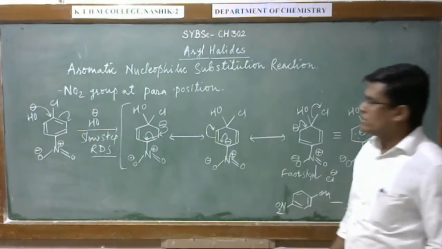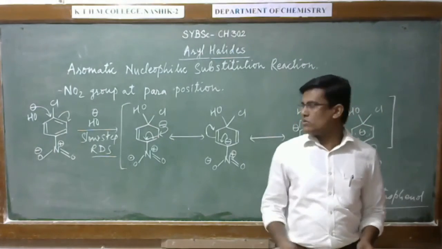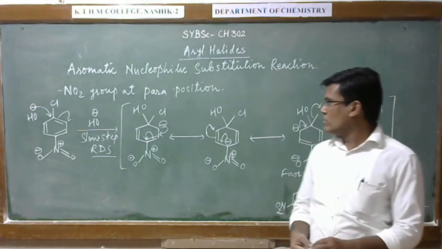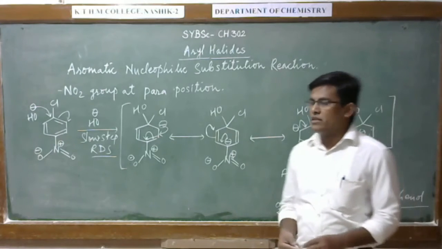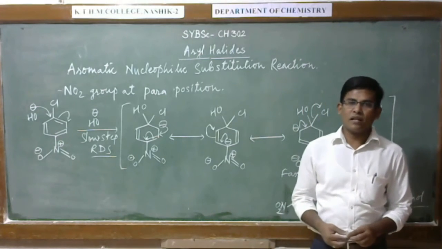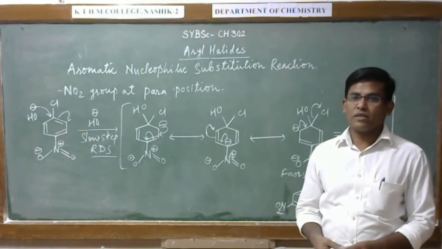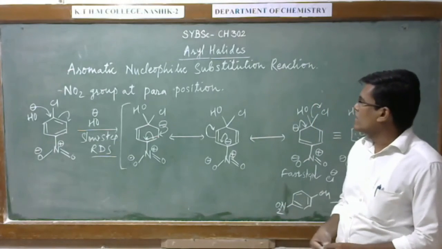Alright. So in this way we can show the effect of this electron withdrawing group, the nitro group. When this nitro group is present at the ortho and para positions, this aromatic nucleophilic substitution will occur.